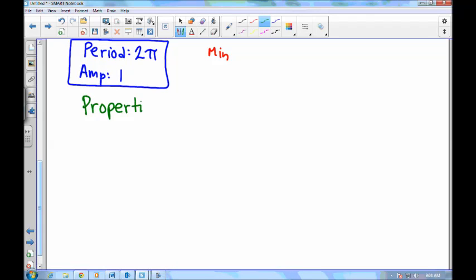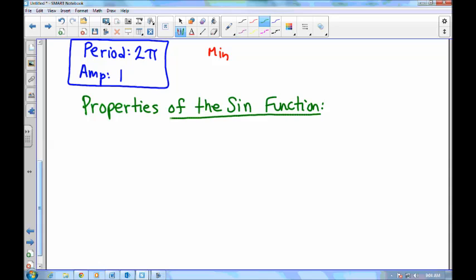Properties of the sine function. Just below your graphs.